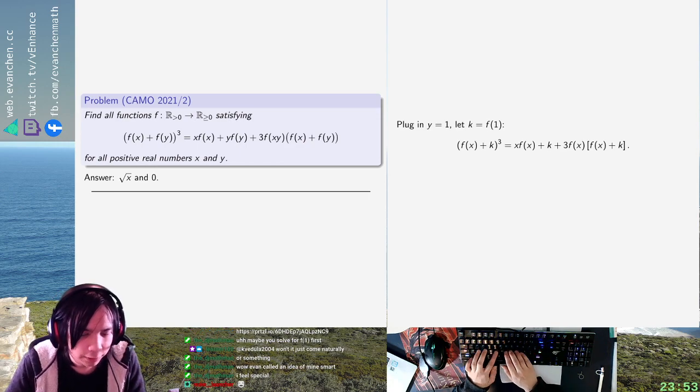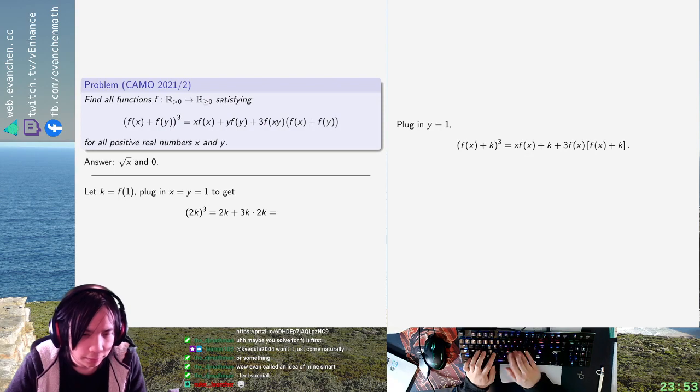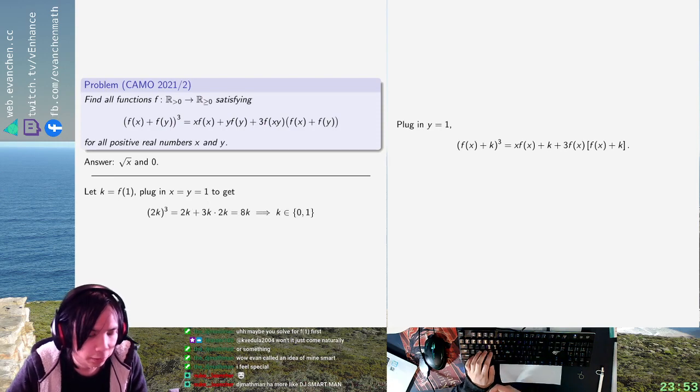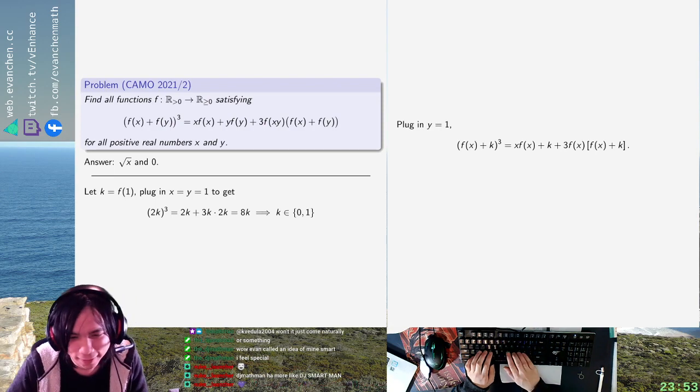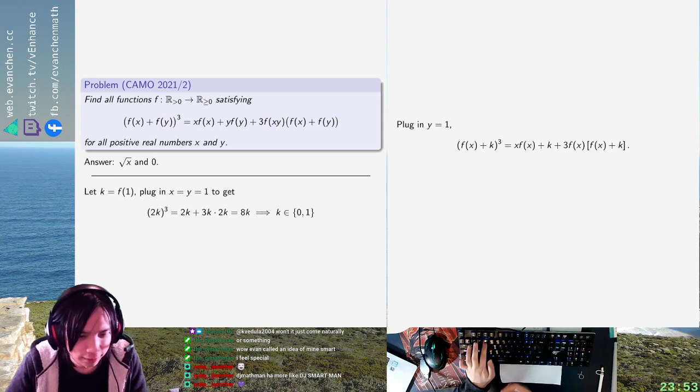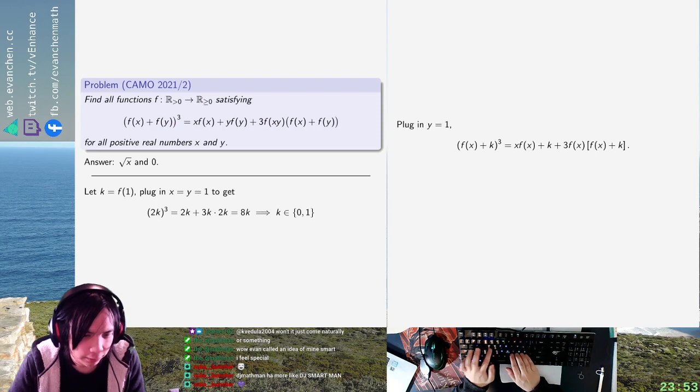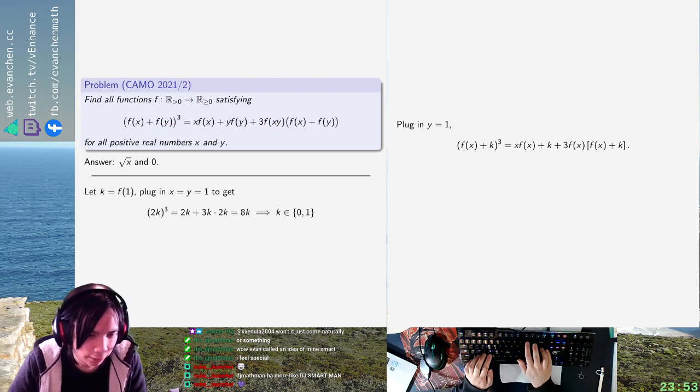So 8k cubed equals 8k, so k is either 0 or 1, because it's not negative. Okay, that's fine now. So there's two cases, and probably one of them will give us the 0 solution, the other will give us the 1 solution. Let's hope there's no random solution.